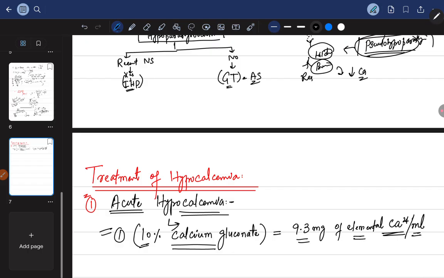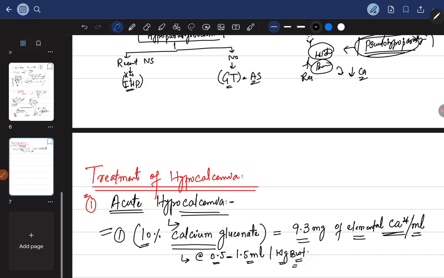You have to give this at the rate of 0.5 to 1.5 ml per kg body weight.